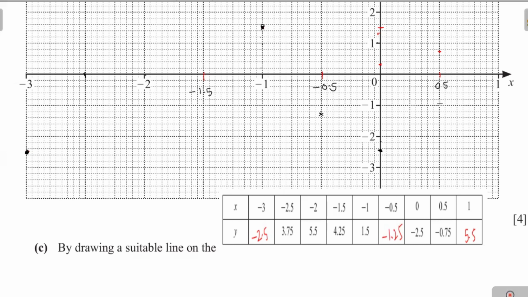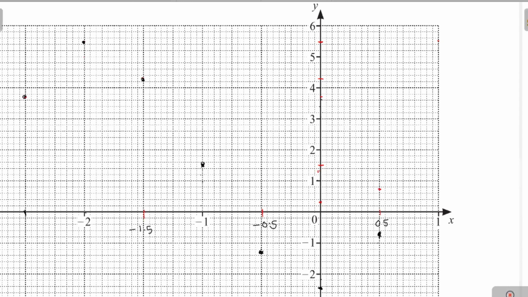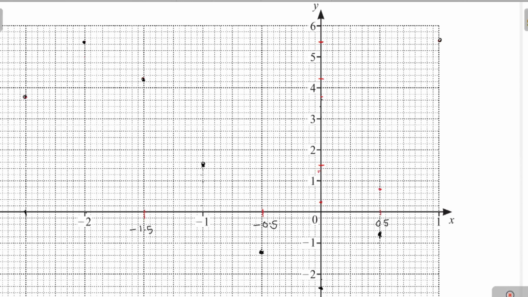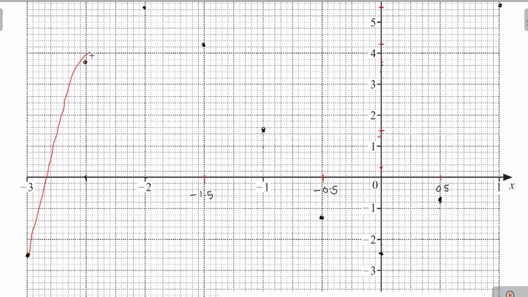This is minus 1, and this is minus 0.8. Just above the minus 0.8, this position is minus 0.75. Next is 1, 5.5. We mark this position 5.5. Now we join all these points to draw the graph.